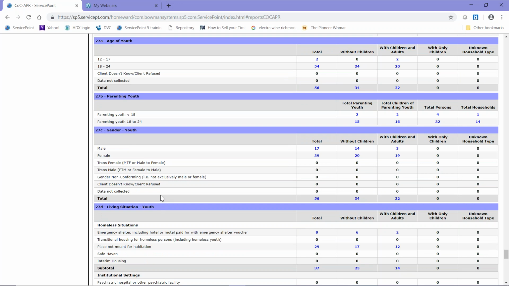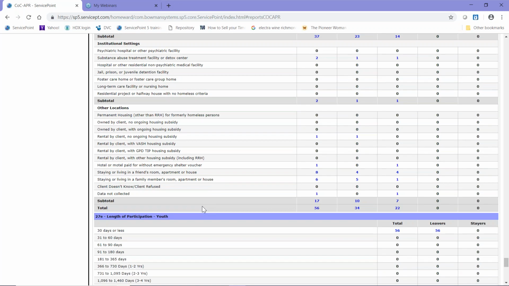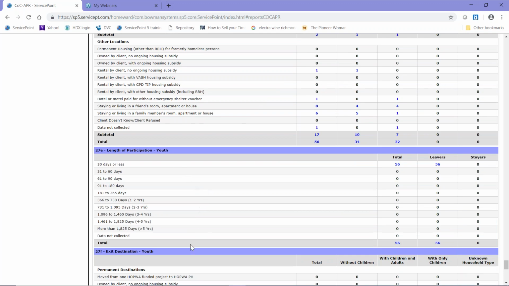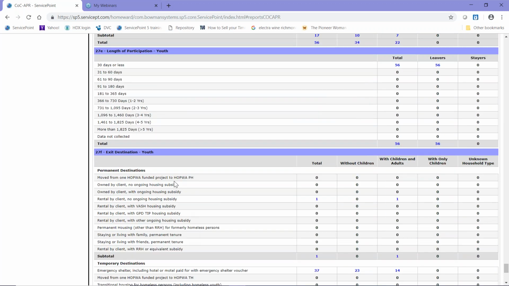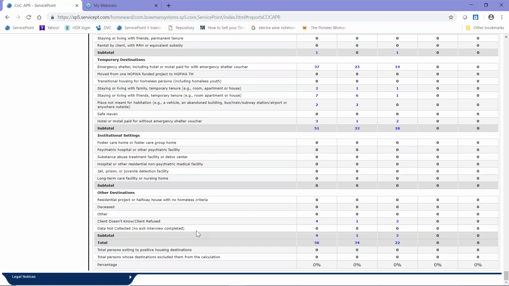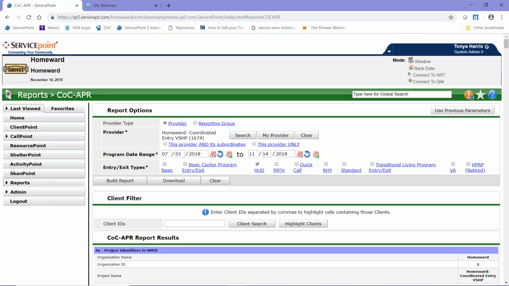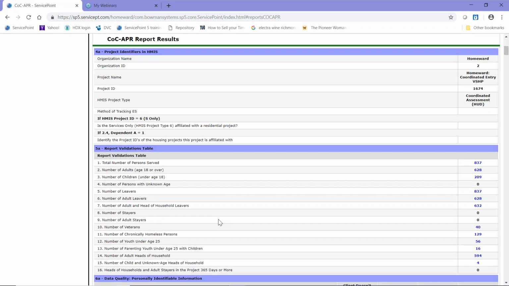The gender of our youth, the living situation of our youth, how long have they been in our project, where did they go when they left our project, and that brings us to the end of the report.